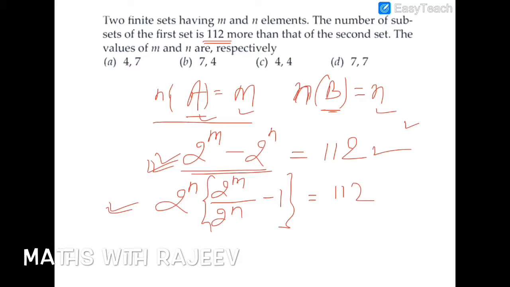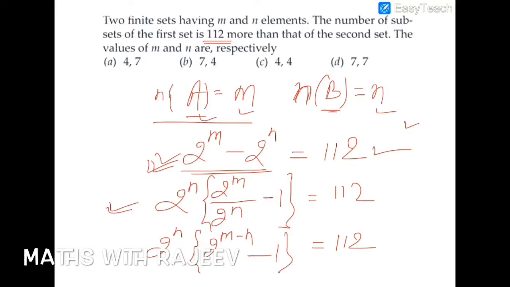After that, what to do? It can be written as 2 power n in bracket, and this can be written as 2 power m minus n minus 1 is equal to 112.